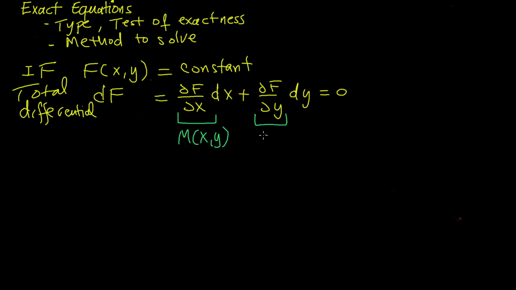And this one here, the partial derivative with respect to y, we'll call it N of x,y. And so we have this equal to 0, and that's a definition for an exact equation.